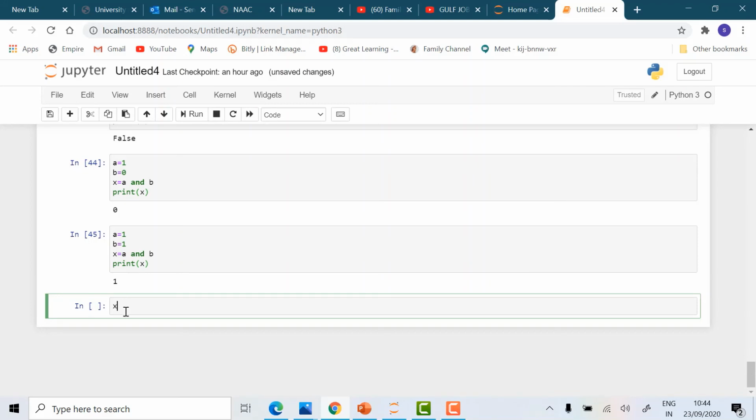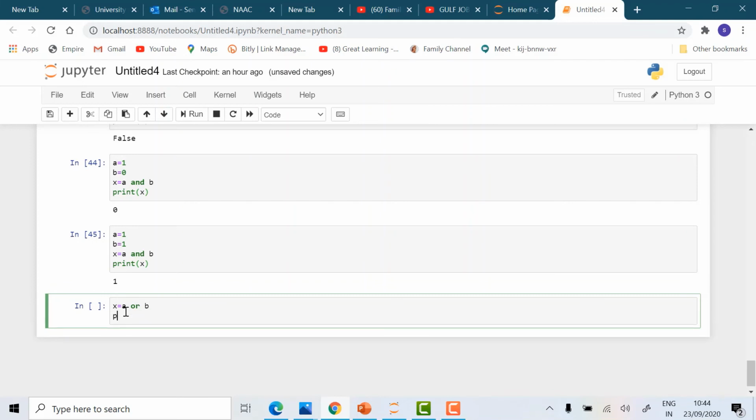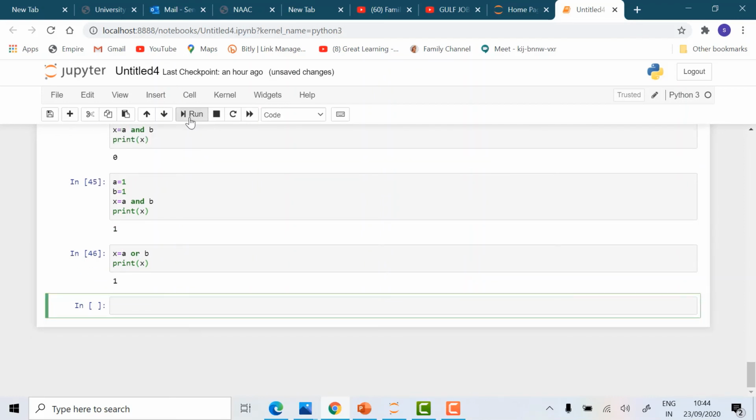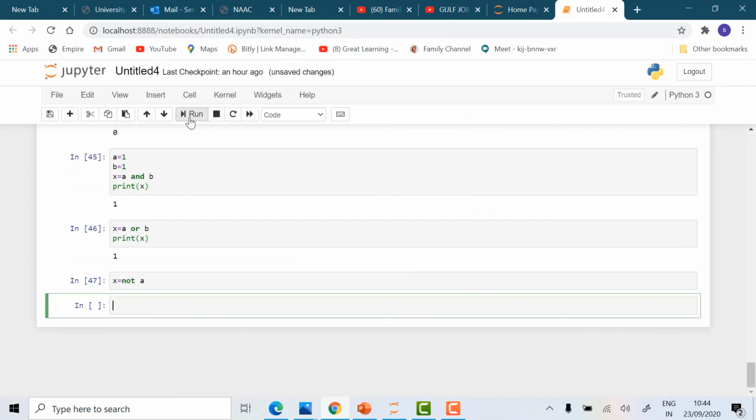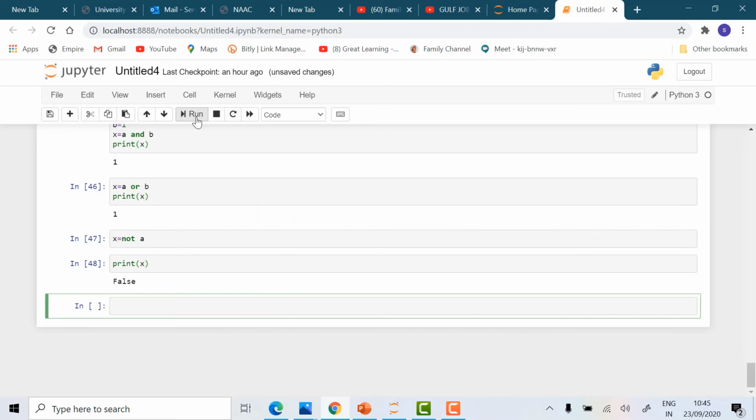Same way, x equal to a or b, print x, you get 1. x equal to not of a, print of x, is false. So these are the logical operators.